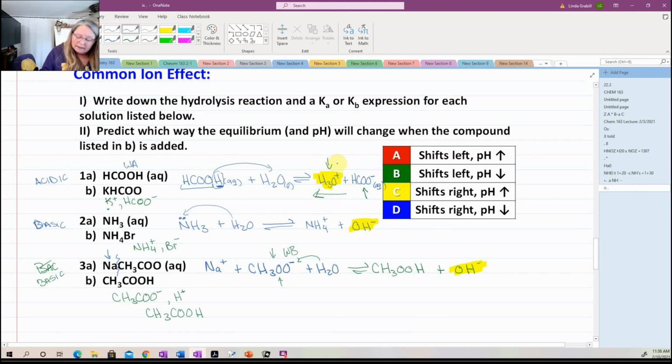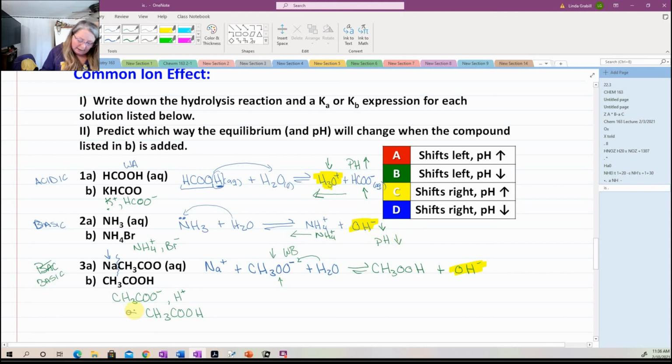So if I'm making less hydronium, pH will go up. This one, if I put ammonium in here, I'm going to shift equilibrium to the left. My hydroxide concentration is going to go down. Therefore, my pH is going to go down.